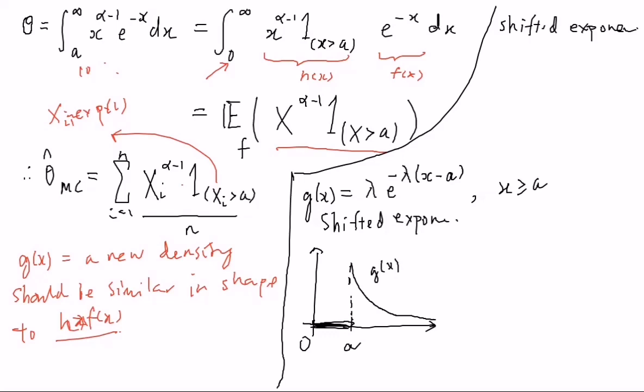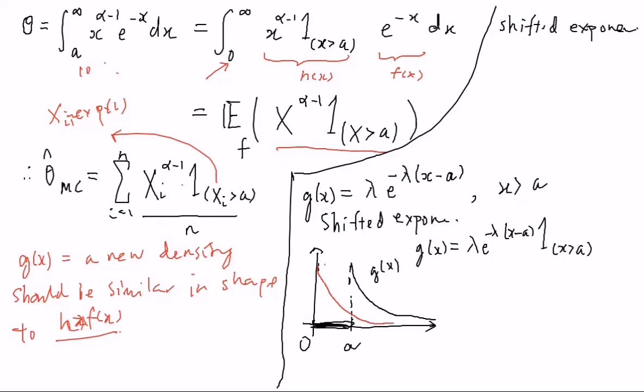It's flat. In fact, you could also write your g(x) using indicator notation, with the indicator of x larger than a. So this is a shifted exponential. You're just moving it from its usual place starting from 0, and moving it a certain amount.